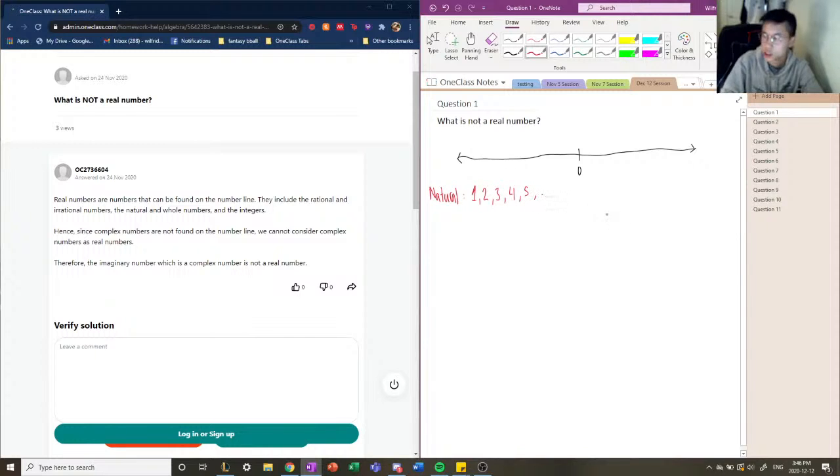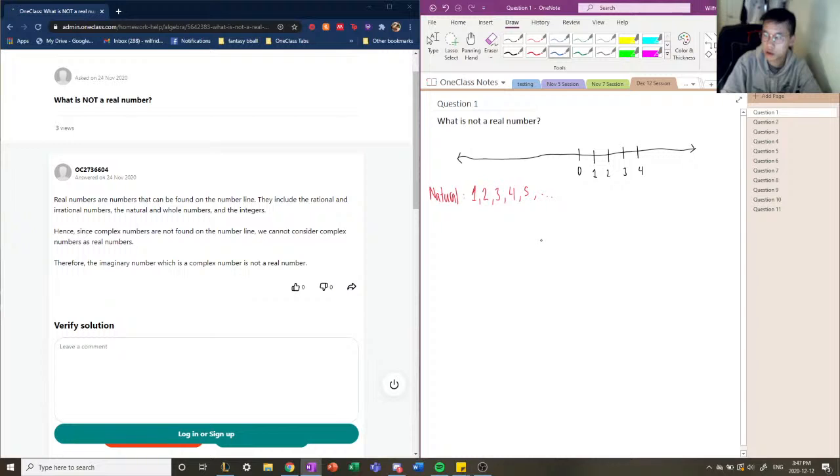On the number line, they exist on the right-hand side of 0, like 1, 2, 3, 4. Those are our natural numbers.